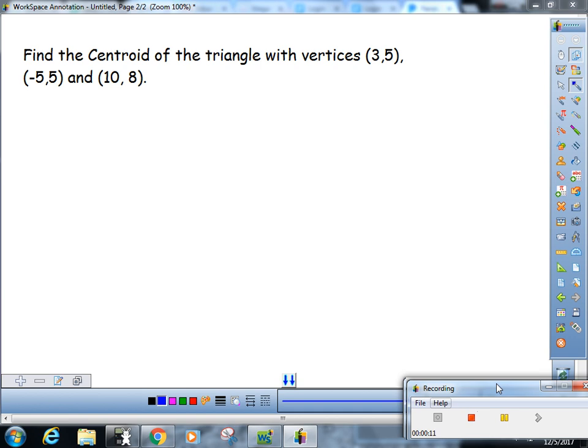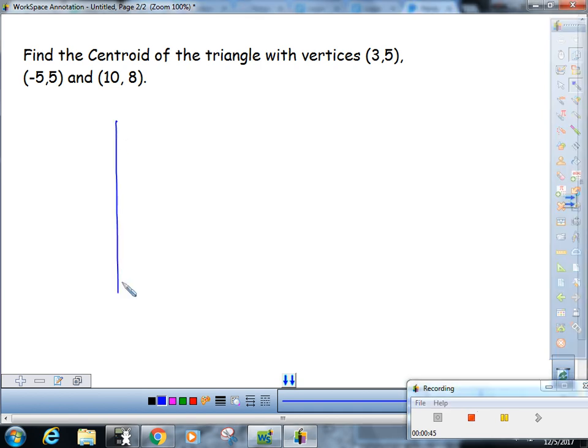Okay, so we're just going to start by sketching an axis and graphing our points. So we've got 3, 5. Notice I don't even put tick marks on here. I just want to get a ballpark. And I'll call that A. And then you've got -5, 5.